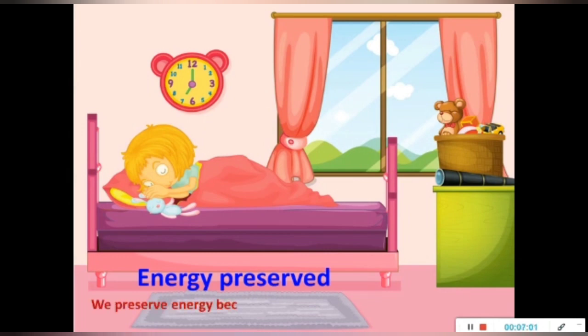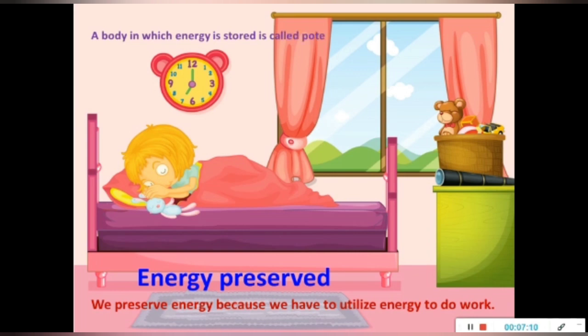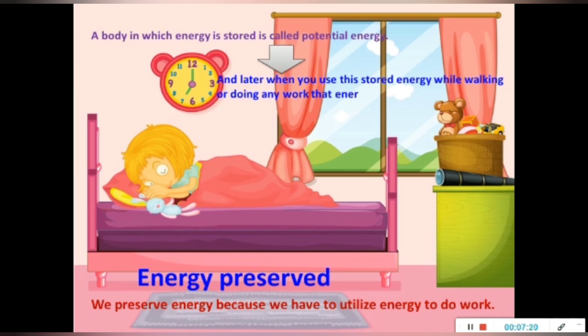We preserve energy because we have to utilize energy to do work. A body in which energy is stored has potential energy. Later, when you use this stored energy while walking or doing any work, that energy is called kinetic energy.